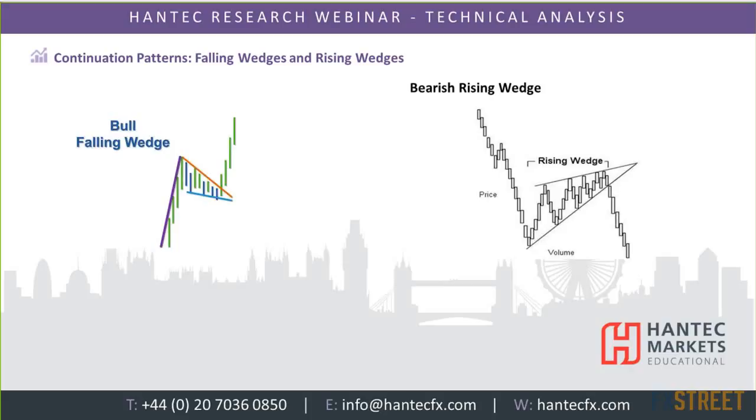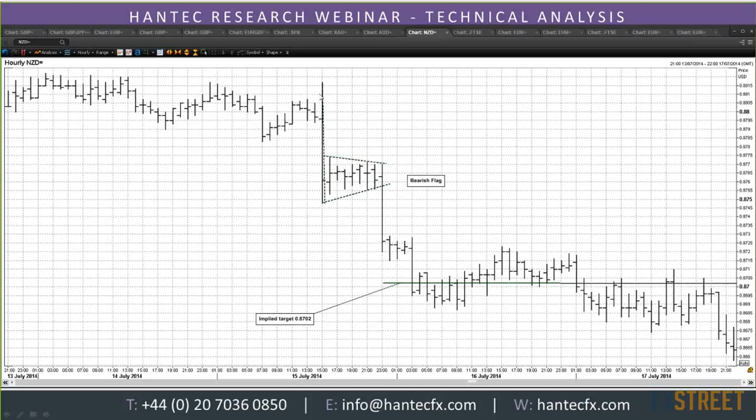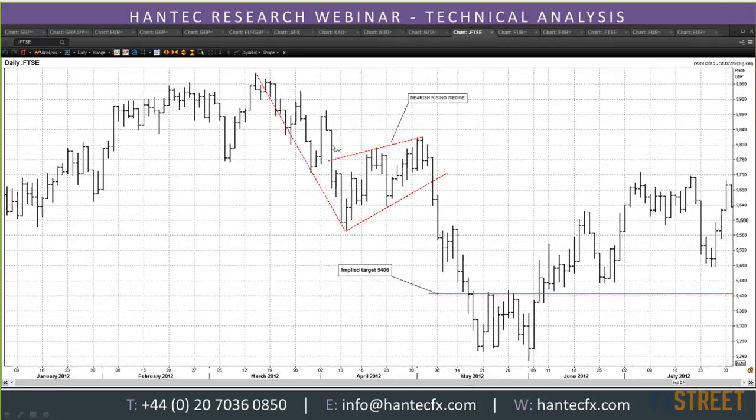In your flags, you tend to get a strong move, and then a consolidation, and then another strong move. Whereas in your wedges, you get more of a considered move to the downside. This is a bearish rising wedge, and then you get your consolidation period, and then you start to get the breakdown once more.